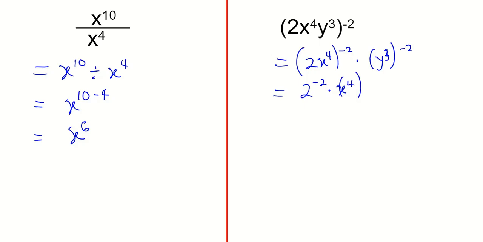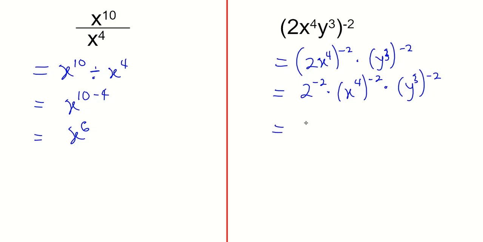So times (x exponent 4) raised to the power of minus 2, multiplied by (y exponent 3) then exponent minus 2.